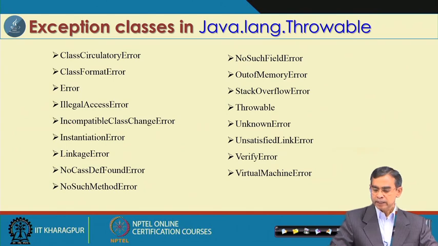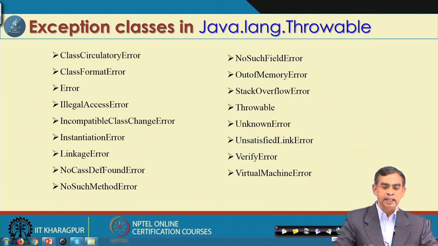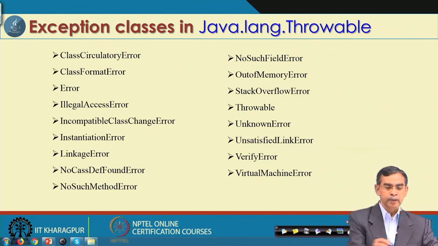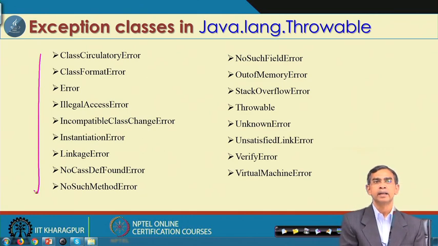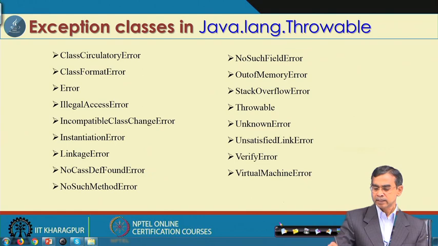These are a few more errors in the Error classes, as mentioned here: ClassCircularityError, ClassFormatError, LinkageError, InstantiationError, NoClassDefFoundError, NoSuchMethodError, NoSuchFieldError, OutOfMemoryError, StackOverflowError, UnknownError, UnsatisfiedLinkError, VerifyError and VirtualMachineError. So, there are many errors that may occur in a program, which are discussed here.